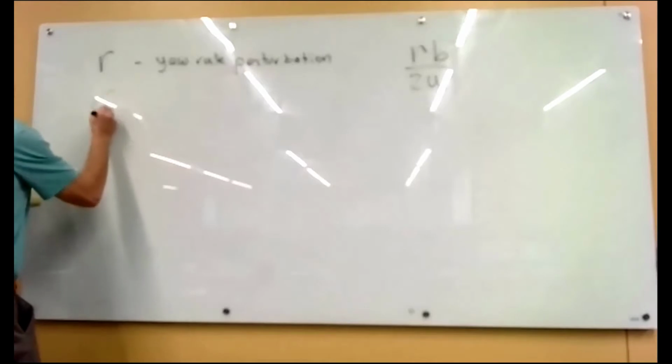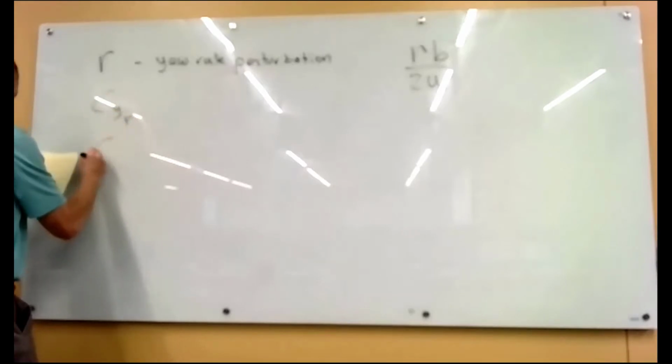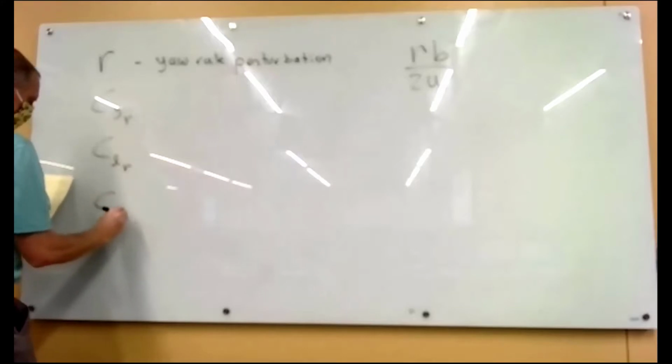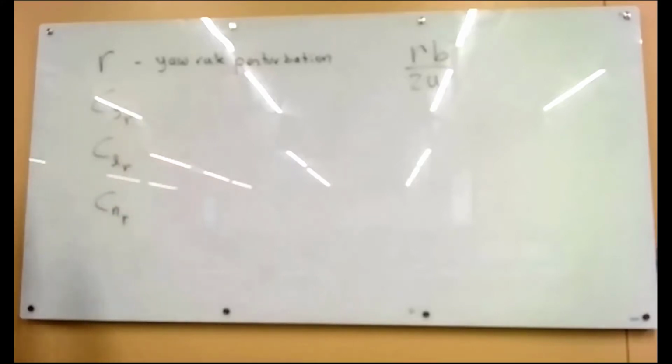And we're talking about CYR, CLR, and CNR because the side force FAY, small perturbation, is just CY times Q bar S. So we just talk about these derivatives here.